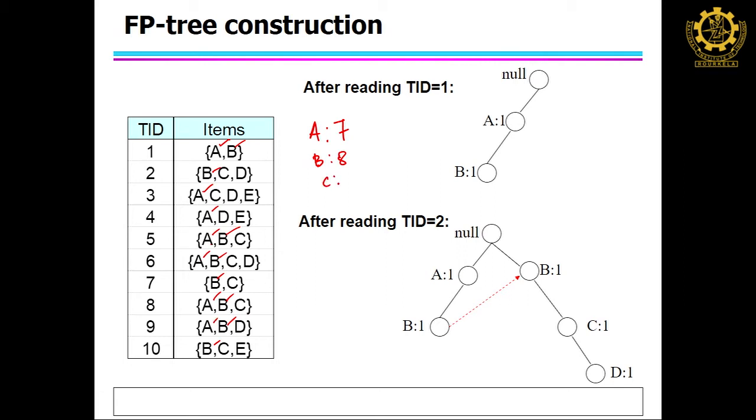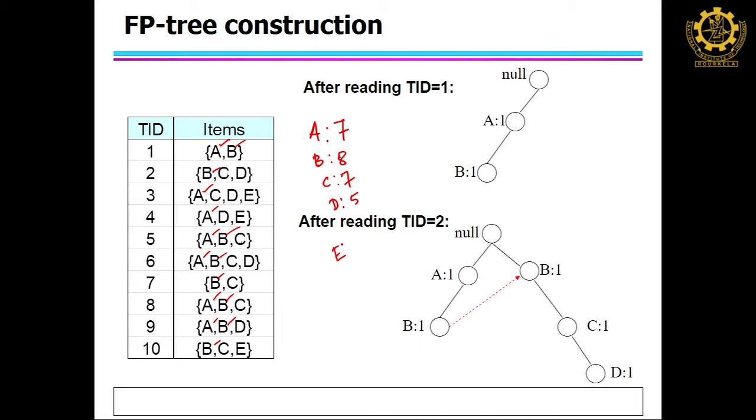Then C is 1, 2, 3, 4, 5, 6, 7. Then D is 1, 2, 3, 4, 5.